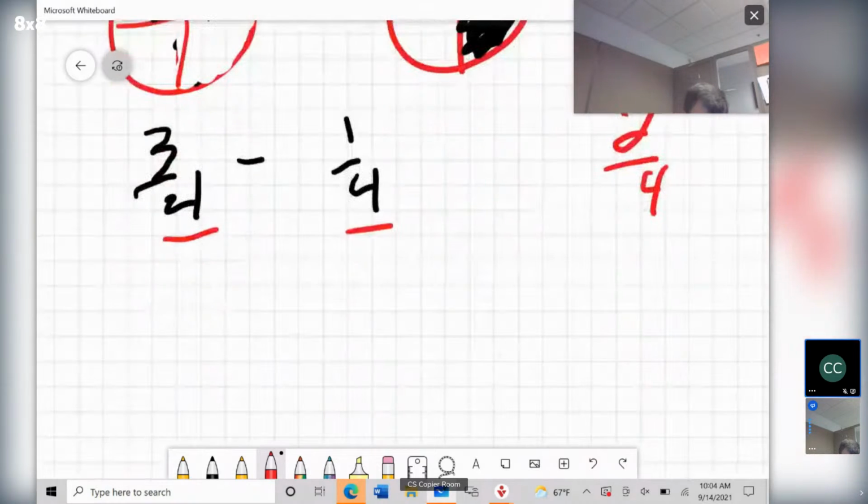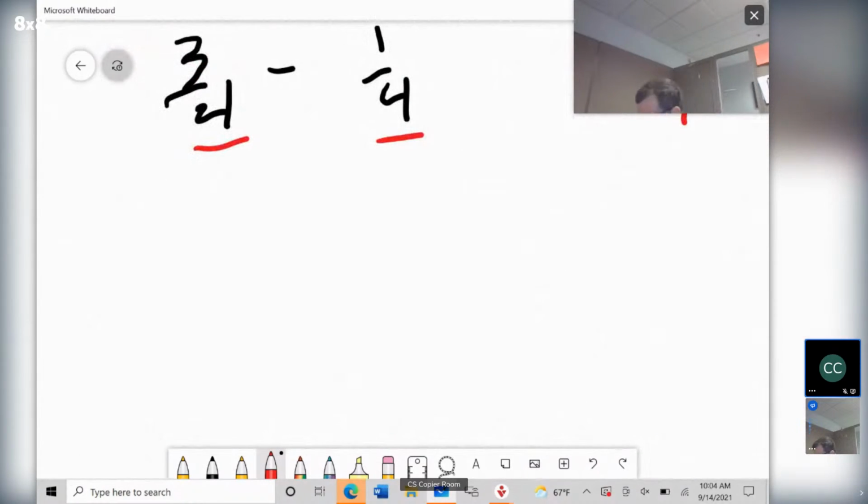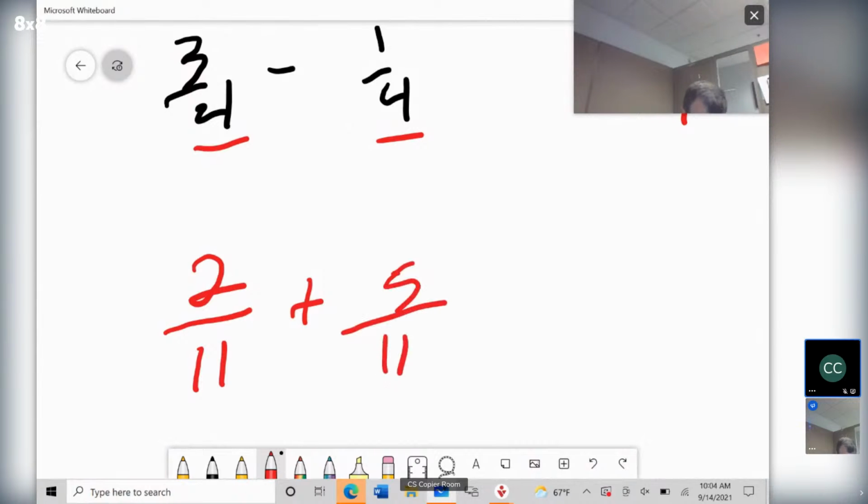Let's do one without a visual, just so you guys get an idea. So if I did, let's say, 2/11 plus 5/11, you're going to be like, okay, the denominator is the same, so it's just a straightforward addition problem.